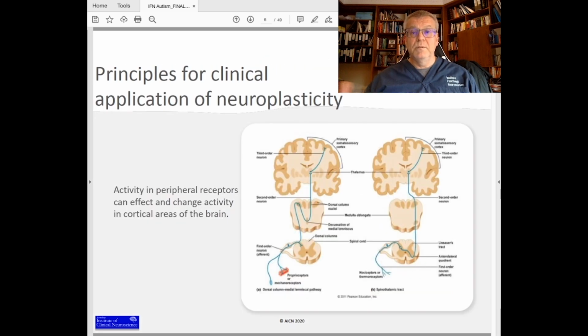Now, often one of the questions that people ask is, well, how do you do this? How do you make this neuroplasticity stuff work? Well, we do it by a very detailed knowledge of neurophysiology and neuroanatomy.